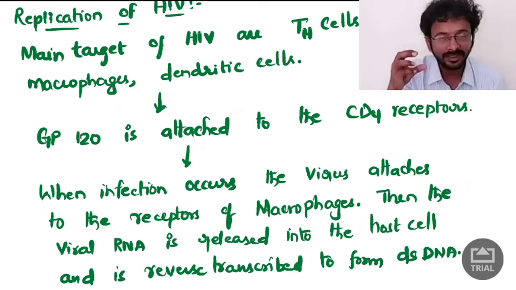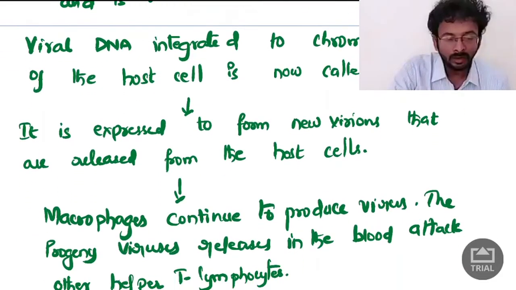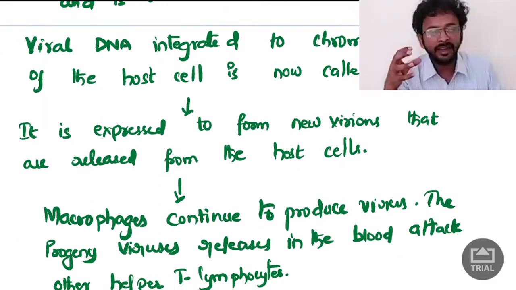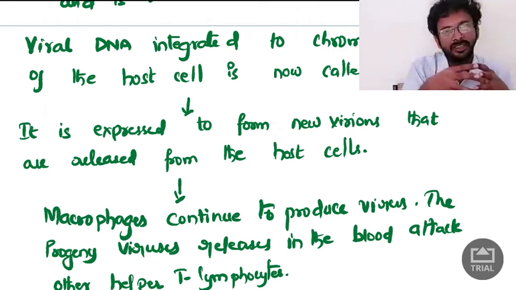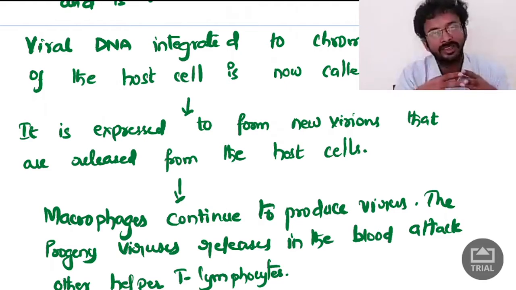Once this virus is transformed into dsDNA, double-stranded DNA, it mixes with host DNA. I repeat, viral DNA combines with the host DNA to form complementary DNA, called cDNA.